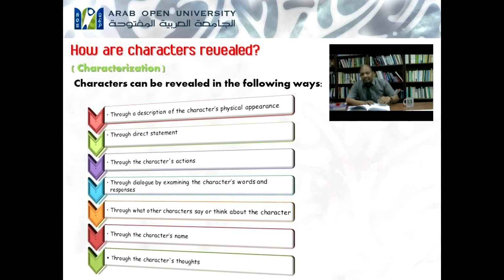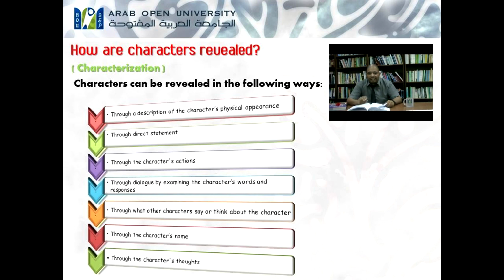The narrator can tell us directly about the characters. Other characters can tell us about the character also very directly. The character himself can talk about him or herself very directly to us.